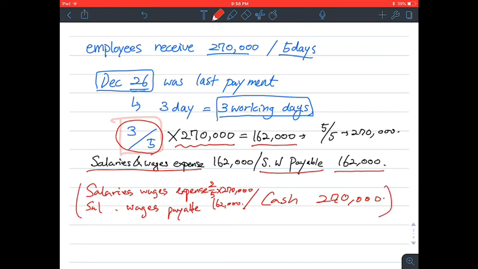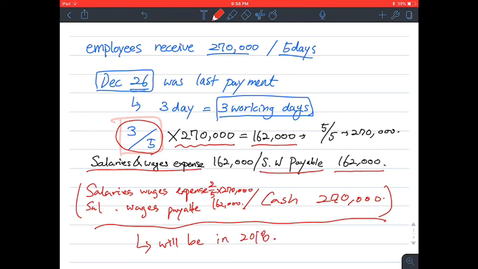This transaction, this journal will be in 2018. Okay. So at the year end, what you have to do is just this journal. Okay. This one.